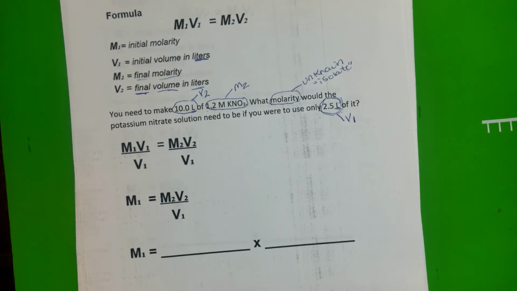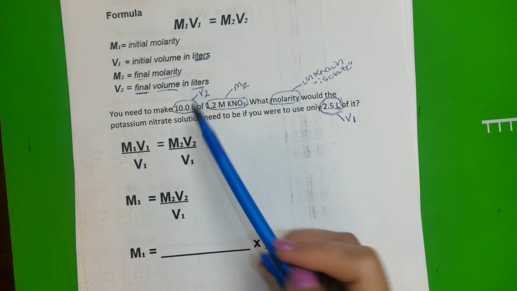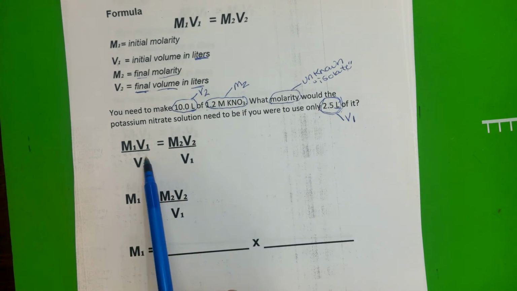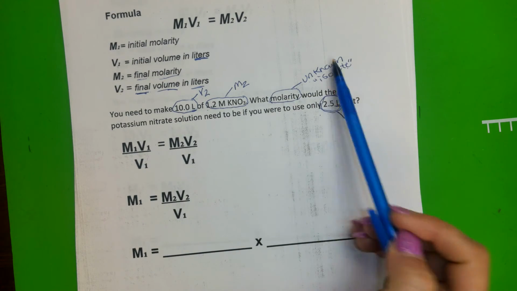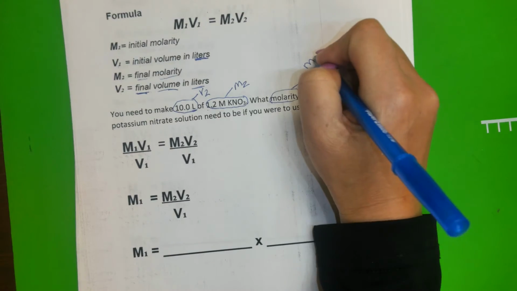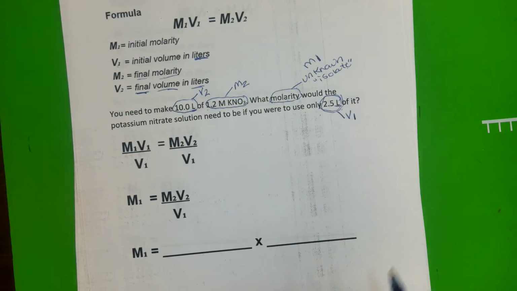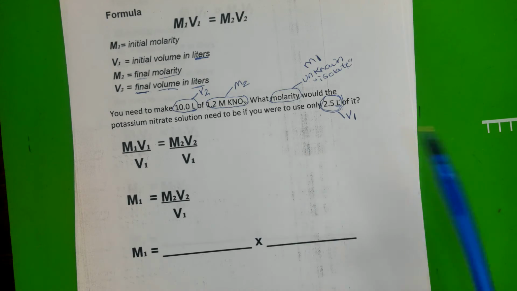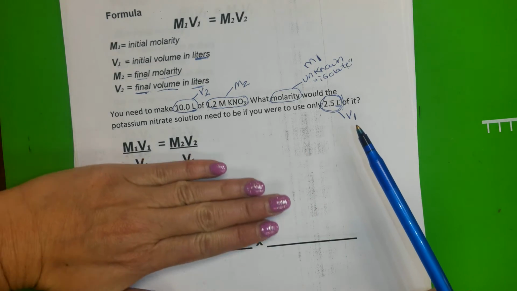Okay, so now we need to isolate our molarity, which is our M1. That's the one we're trying to solve. You see how we're trying to solve for M1 and it's isolated? Well, what was done to it? It started off with this.